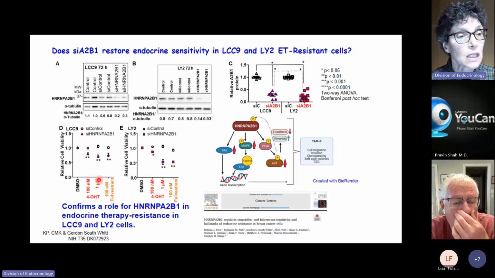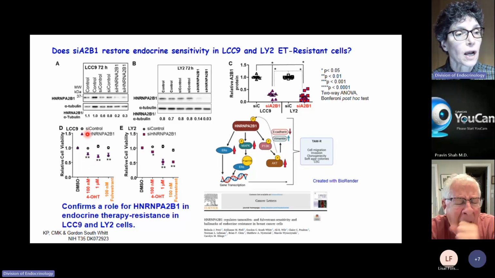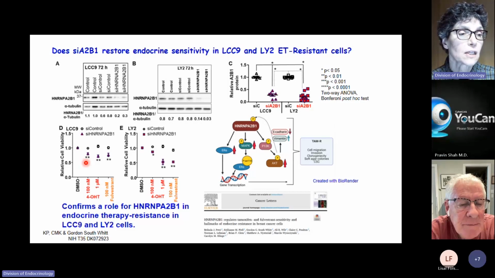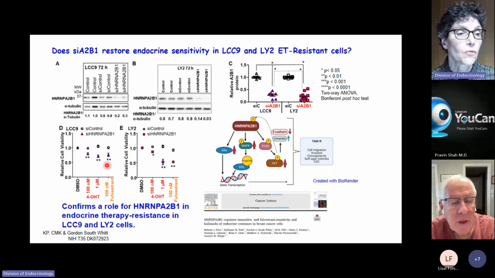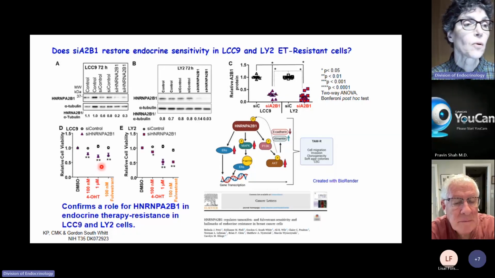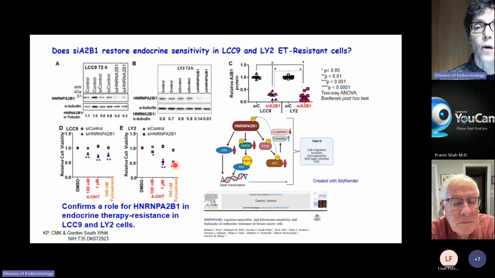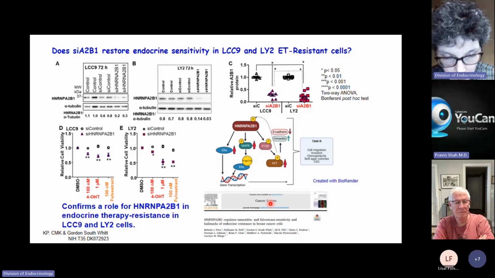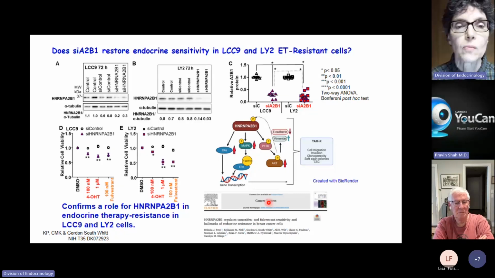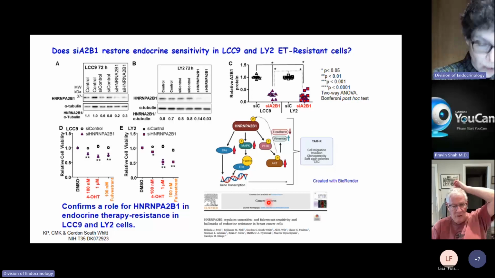And what you can see is that with the combination of siA2B1, we see sensitivity in terms of inhibition of cell viability in the presence of treatment with 4-hydroxytamoxifen or fulvestrant, both in LCC9 and LY2 cells. And so we were able to publish a paper using these data showing a role for A2B1 in endocrine therapy resistance.